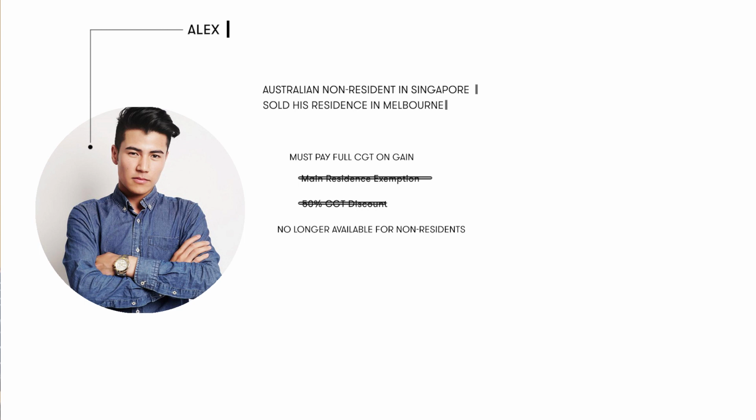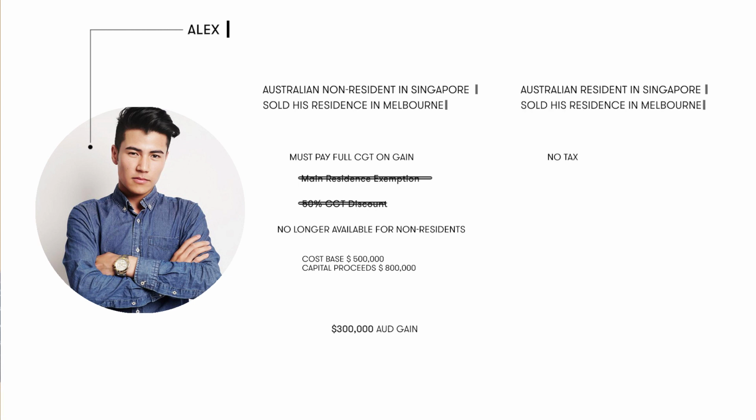So if we look at this scenario, the cost base of $500,000 and capital proceeds of $800,000, that's a capital gain of $300,000. And so if Alex was a resident, then he would not pay any tax on that $300,000 under the main residence exemption.